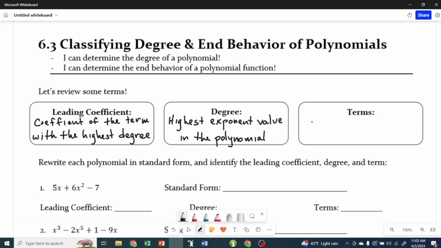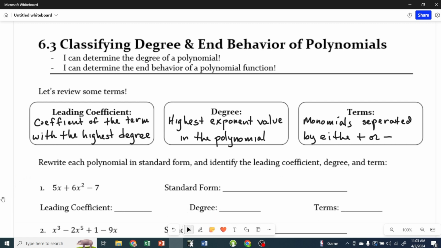And the terms are the separate pieces of the polynomial. So it's basically the monomials within the polynomial, which are separated by either plus signs or minus signs.